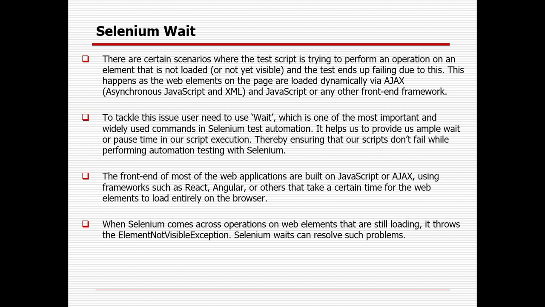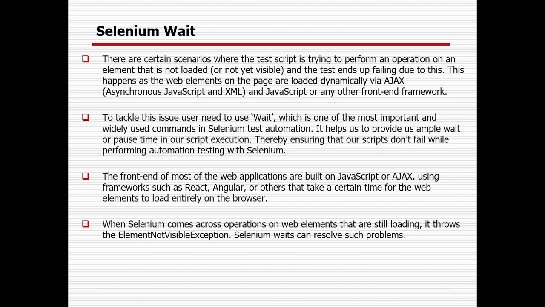There are certain scenarios where the test script tries to perform an operation on an element that is not loaded or not visible, and the test ends up failing due to this. This happens as the web elements on the page are loaded dynamically via Ajax and JavaScript or any other front-end framework.